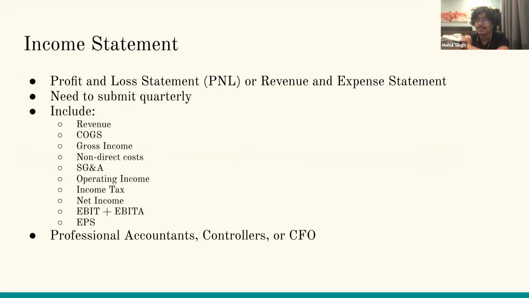A company needs to report it quarterly, and we're going to be going over revenue, COGS, gross income, non-direct costs, etc. Usually the people who create the income statement for the company are the professional accountants, controllers, or CFOs.